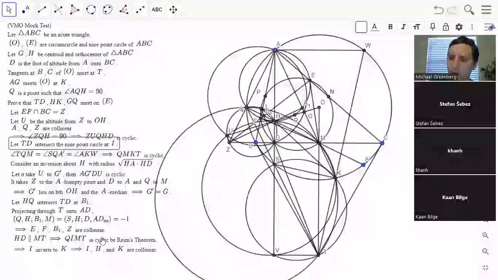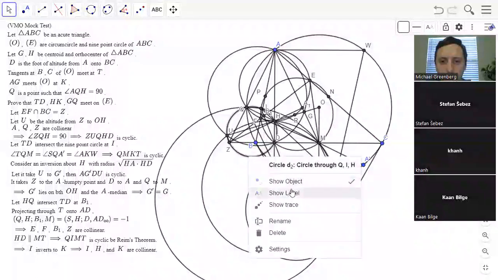How did you do that? Because we know EF, DT, and HM are collinear, so I think that's just by power of a point, the converse of the radical axis theorem.